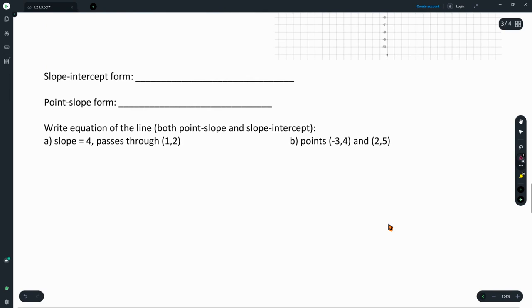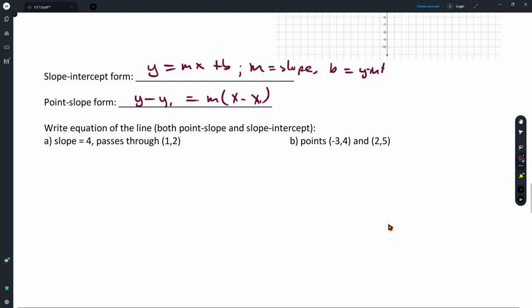When you're doing linear equations, there are two useful forms that we should know. The first one is slope-intercept: y equals mx plus b, where m is the slope and b is the y-intercept. And the point-slope form is y minus y1 is equal to m times x minus x1. A lot of people get confused with the point-slope form, but it really is just this.